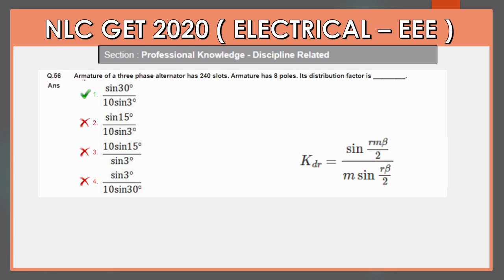Next question, it is asking: armature of a three-phase alternator has 240 slots and armature has 8 poles, and so its distribution factor is? We know that this is the formula for distribution factor, Kd equal to sin(m beta by 2) by m sin(beta by 2).